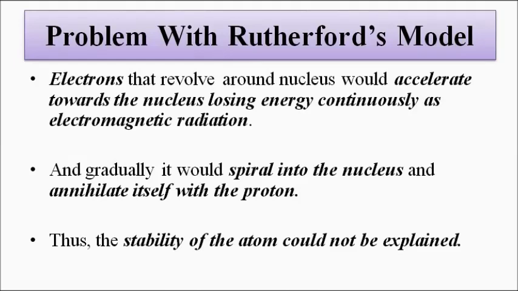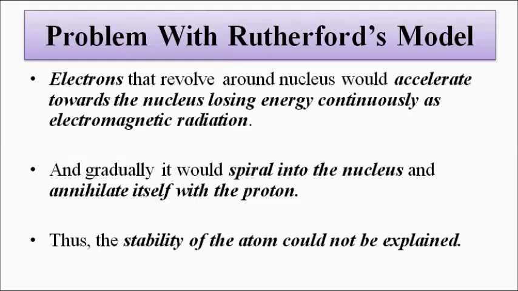Positive and negative attract each other, so they will be accelerated towards the nucleus, and as they spiral into the nucleus, each electron will annihilate itself with a proton because they have opposite charges.